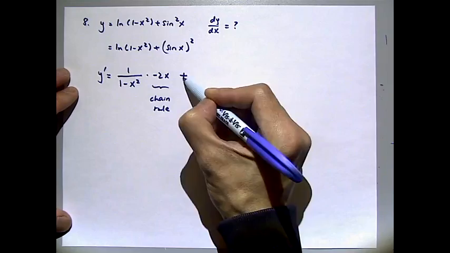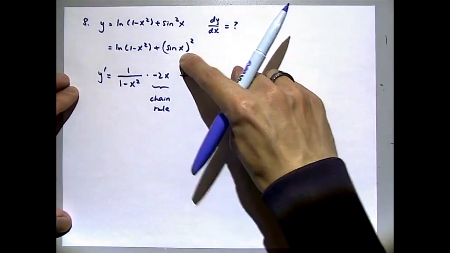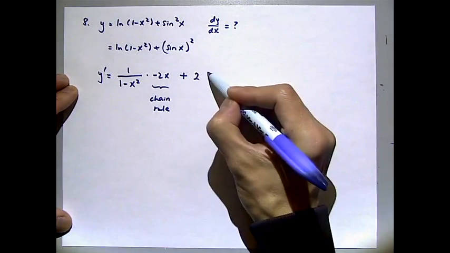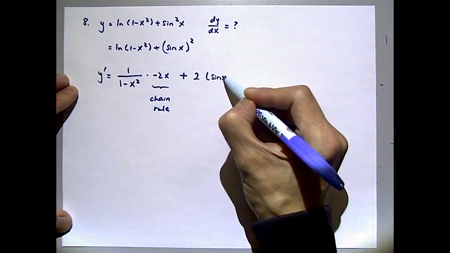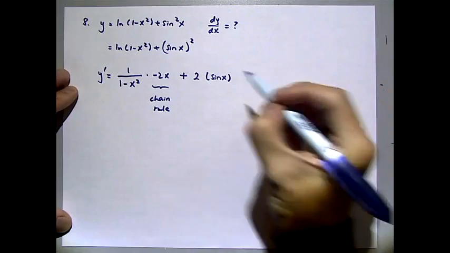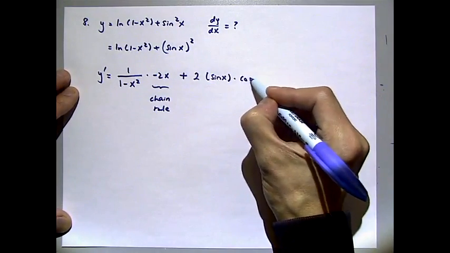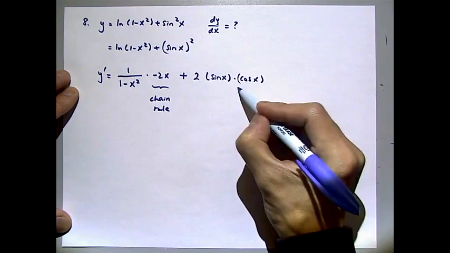Second part, same idea. We have something more than an x raised to the second power. By the chain rule, we get 2 times the same base, reduce the power by 1, times the derivative of that, cosine of x. So that again is from the chain rule.